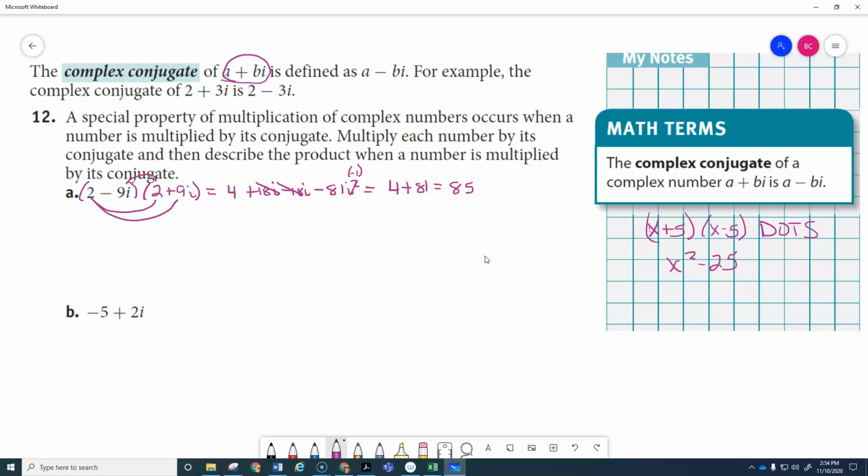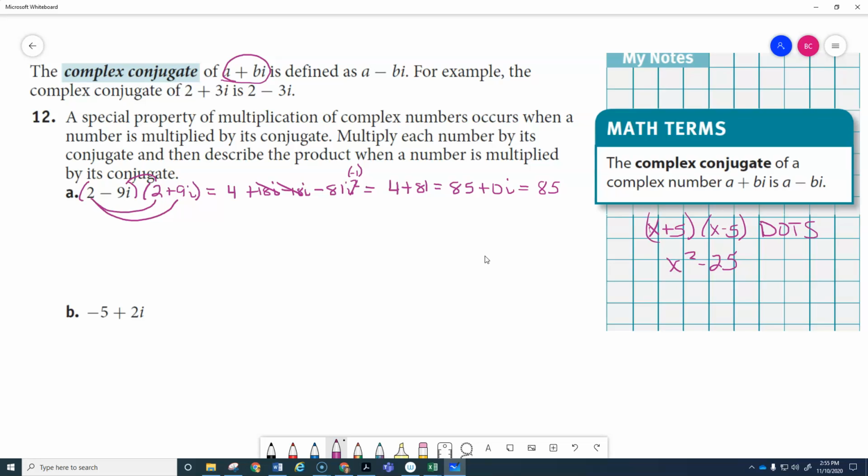We took a complex number, multiplied it by its conjugate, and it became just a real number with 0 imaginary parts. I don't really want to write the 0i, because the whole idea is that I start off with a complex number, multiply by its conjugate, and end up with a plain old ordinary integer.